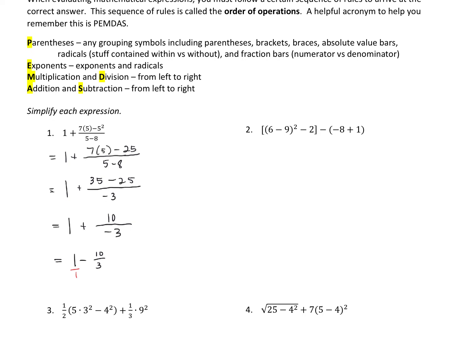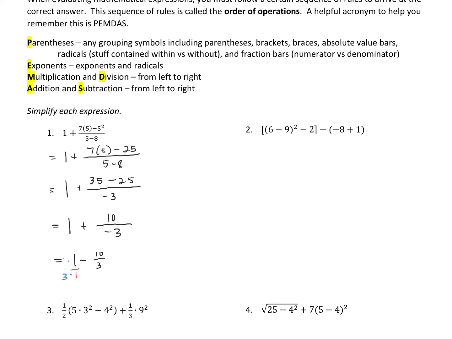So this is equivalent. Now what I want to do is, remember, when you're adding or subtracting fractions, you have to have a common denominator. So my denominators are 1 and 3. So the common denominator here would be 3. So I need to scale up the first fraction so that the denominator is 3. So to do that, I would multiply by 3.